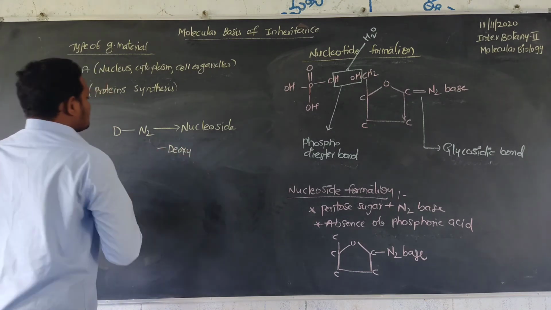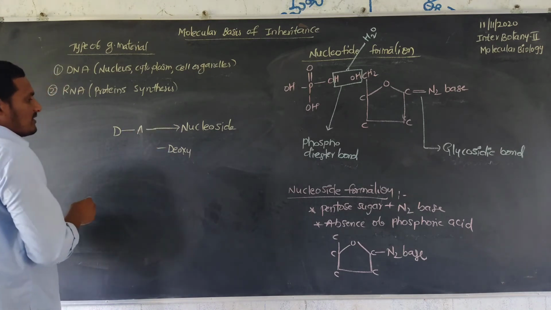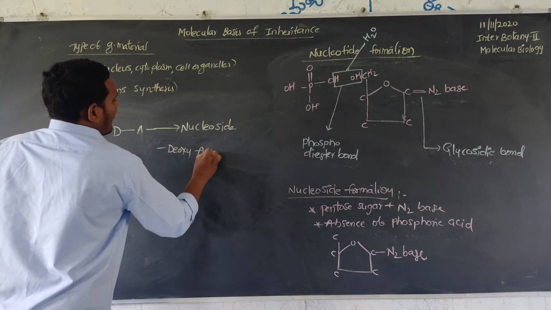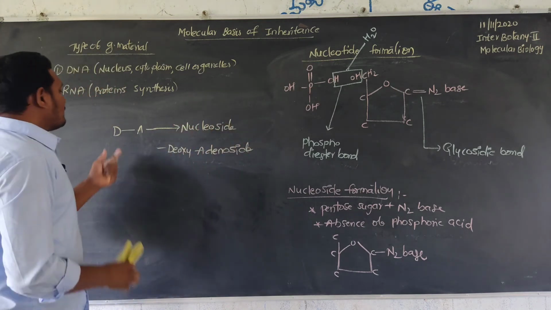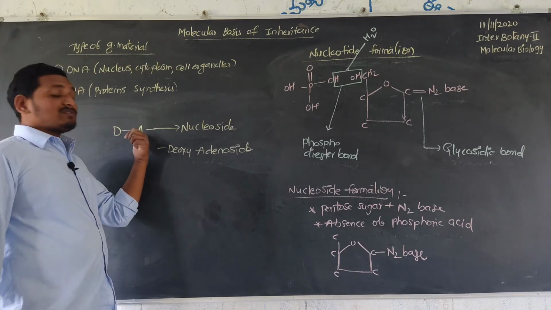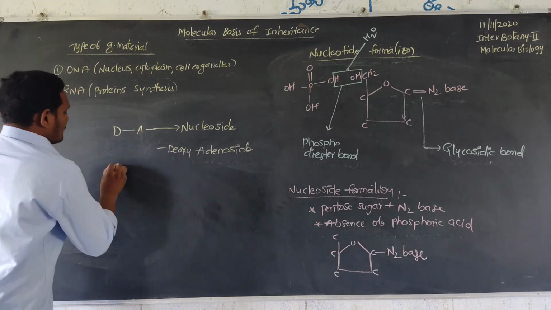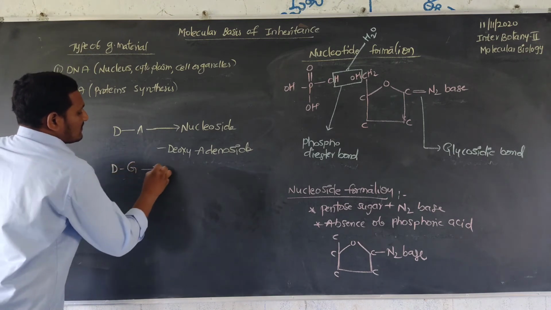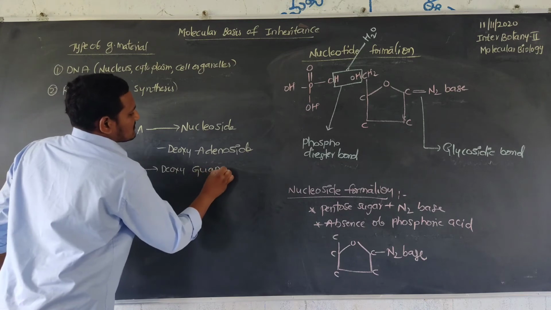Here the nitrogen base we observed is adenine. Taking adenine as an example, it is deoxyadenosine. Deoxyribose sugar attached to guanine is deoxyguanosine.